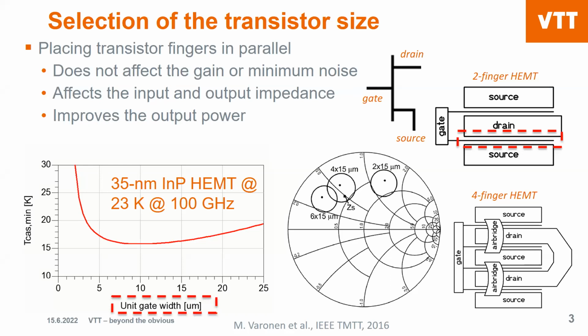And when you plot this kind of a plot, this noise temperature, which is about 15 Kelvin, is the lowest noise that you can achieve for an LNA when you have designed it with ideal components. So below that one, you cannot ever go.